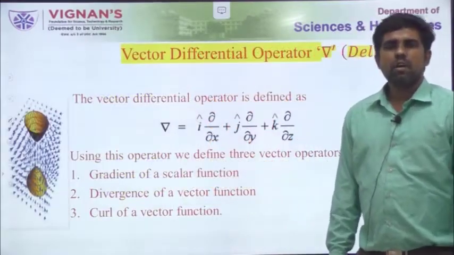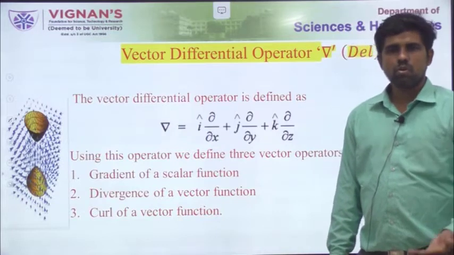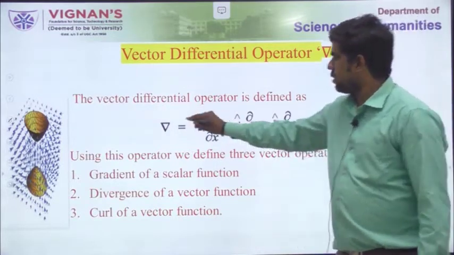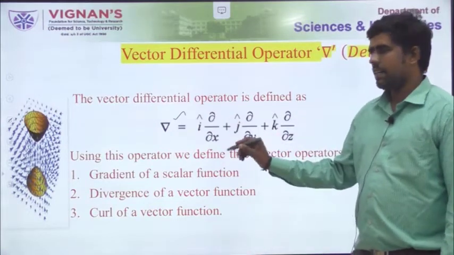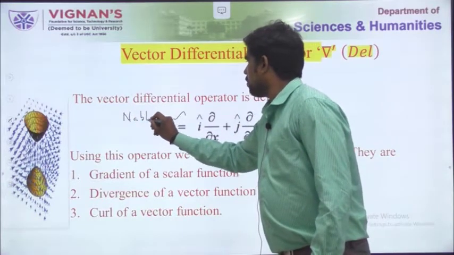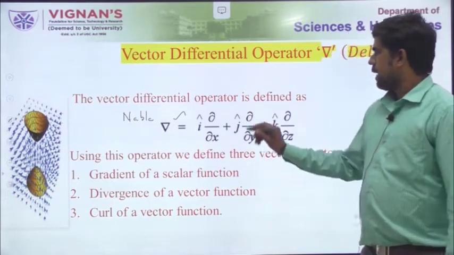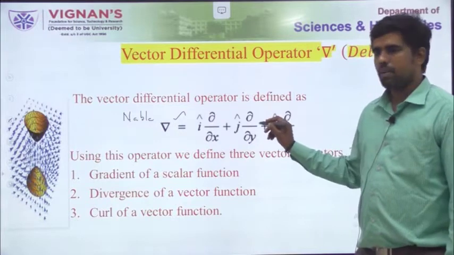So first of all we will start with the definition of the del operator. It is also called the gradient operator. The del operator is nothing but this one, del. Normally we call it del, and the other name is nabla, but we are going to use the del operator. Del operator is nothing but a partial derivative operator for a vector function.